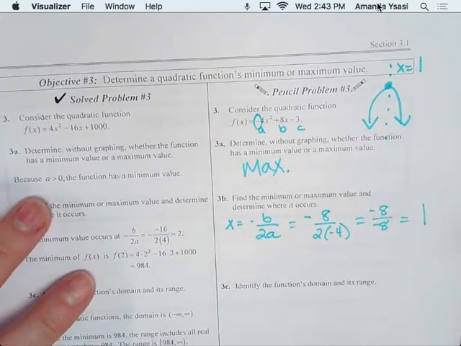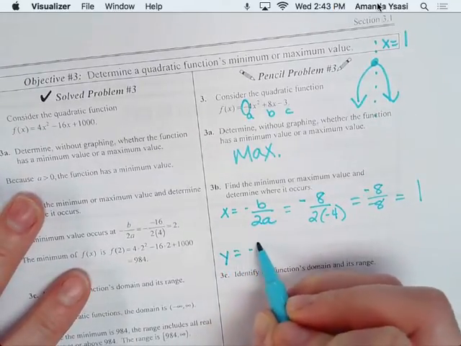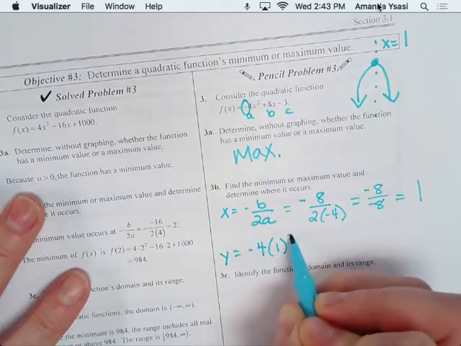To find the other part, we need to plug 1 into the original equation.